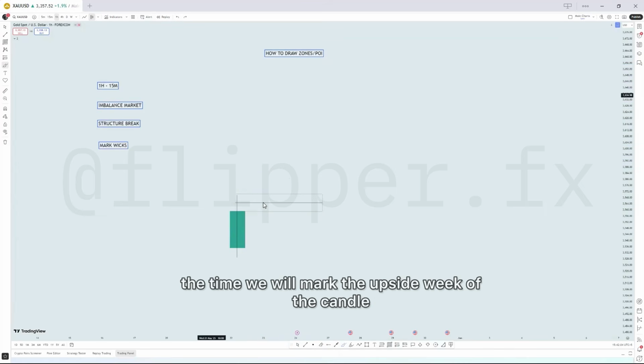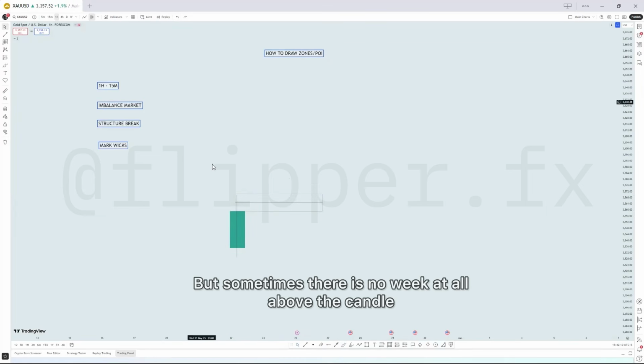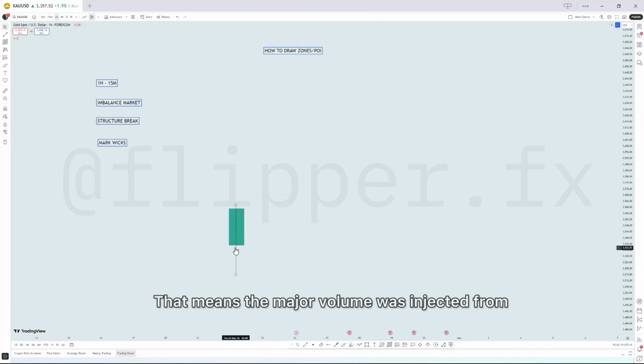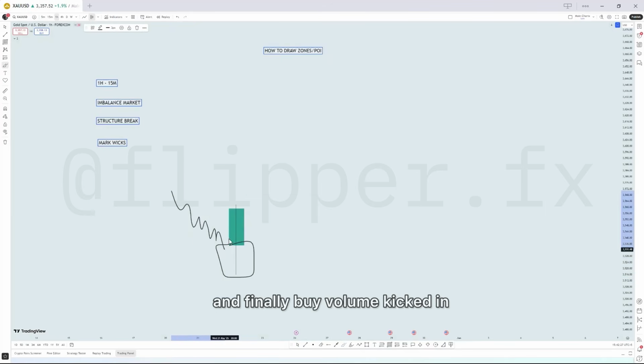So most of the time we will mark the upside wick of the candle, but sometimes there's no wick at all above the candle. The main wick is below, like this. That means the major volume was injected from that lower wick. The market was dropping, sellers were exiting, and finally buy volume kicked in, pushing the market bullish.